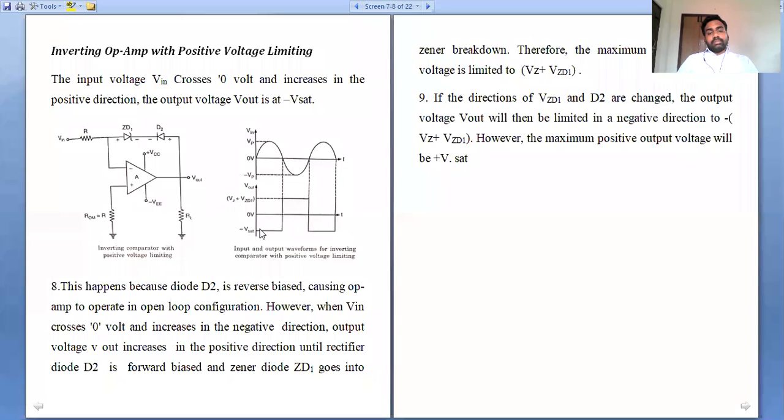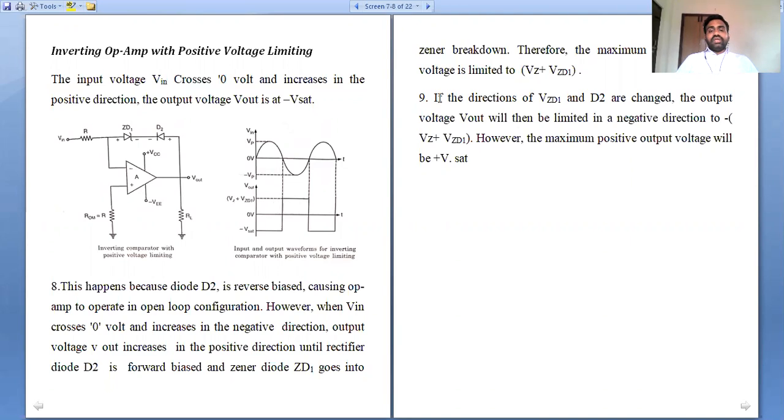That means the maximum output voltage, by the combination of minus Vsat and plus Vsat, this full wave square voltage, is observed at a particular domain of Vz plus Vzd1, okay.